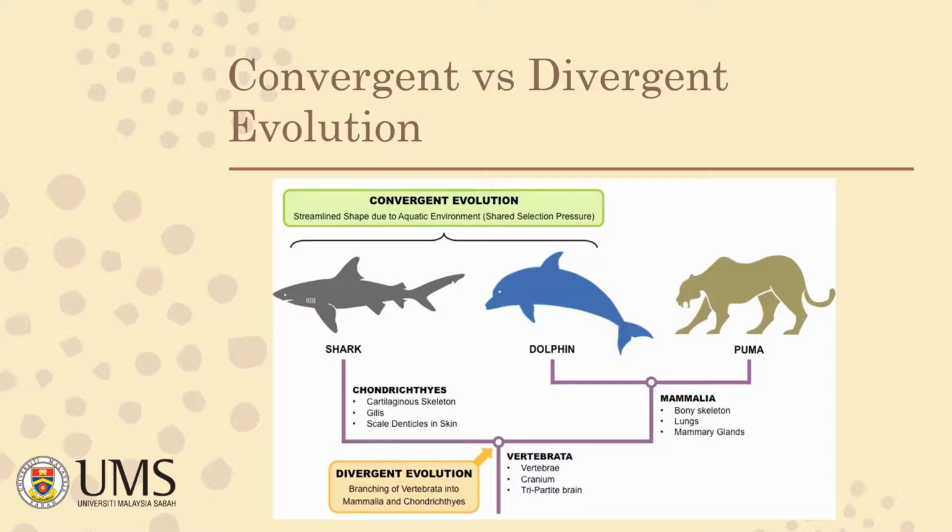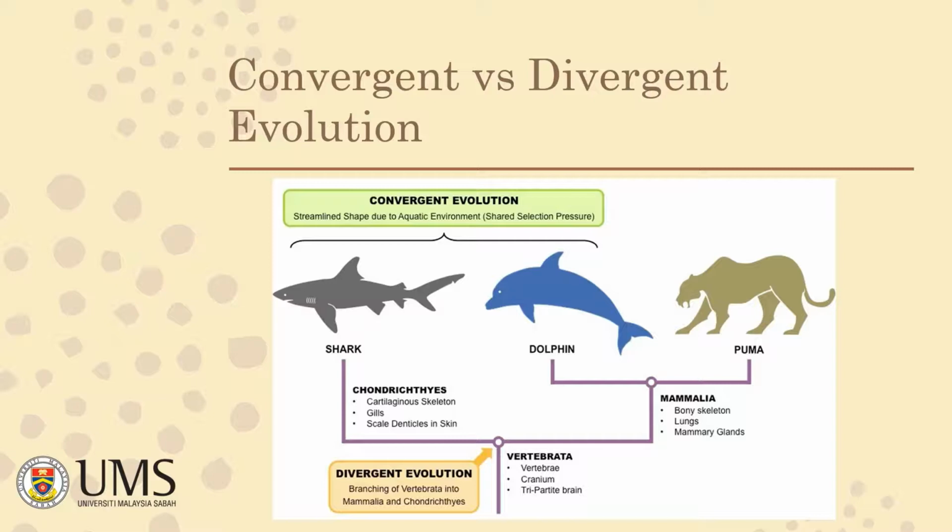First they diverge here at this point, and then one becomes mammals, and this one becomes fish. So among the mammals, we put dolphin and puma together, meaning dolphin and puma are closer together and included together, but the shark is put away.